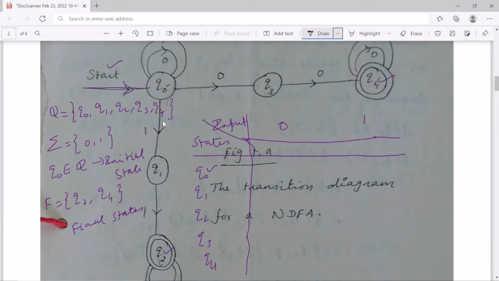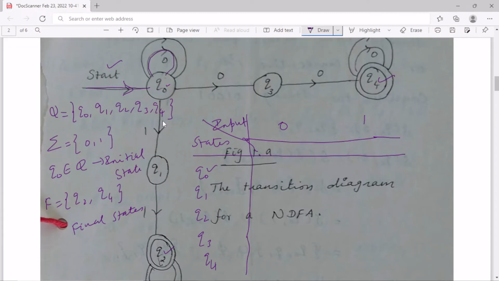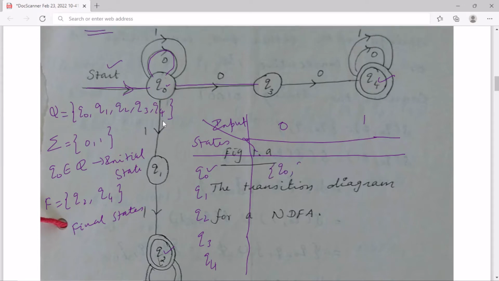In Q0, if you read 0, what are the 2 different paths you have? If you read 0, you are either at Q0 or you move on to Q3. So there are 2 possible states.